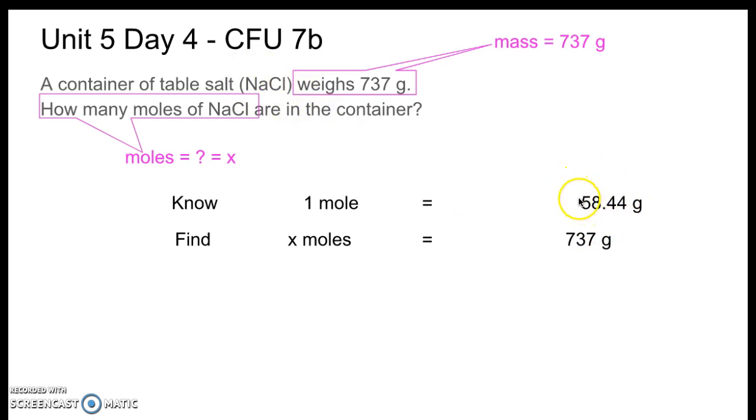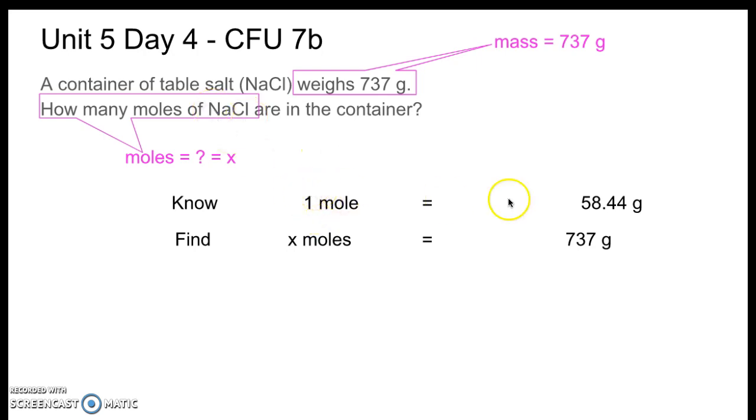I do that by adding the atomic weights of sodium and chlorine together, and I get this value, 58.44 grams. So you actually have to calculate this number using the information in the periodic table. If you're not sure how to do that, refer to the video on atomic mass and molar mass.